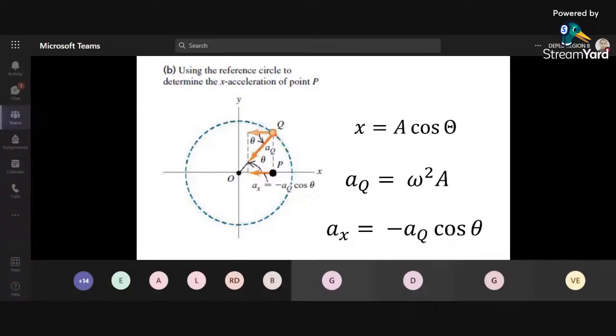And the acceleration of this point Q is equals to the square of the angular speed multiplied by the radius of the circle.